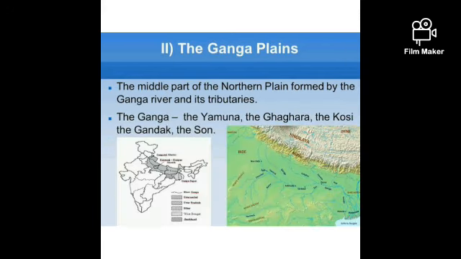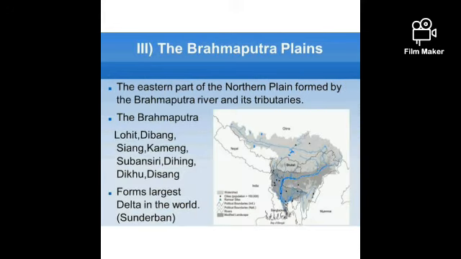Second is the Ganga plain, the middle part of the northern plain formed by the Ganga River and its tributaries Yamuna, Ghagra, Kosi, Gandak and Son. Third is the Brahmaputra plain, the eastern part of the northern plain formed by the Brahmaputra River and its tributaries Lohit, Dibang, Subansiri, Dihing, Diku and Disang, forming the largest delta in the Sundarban.